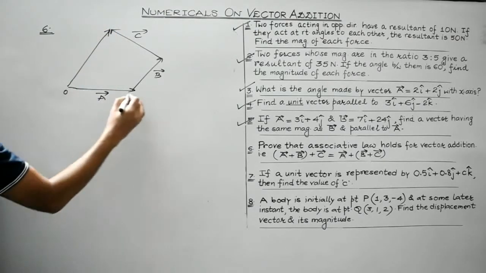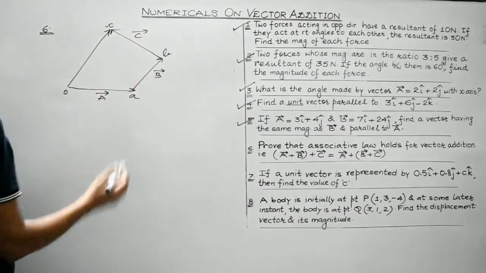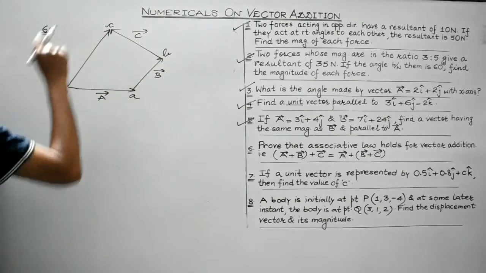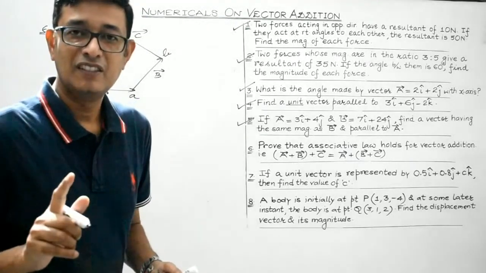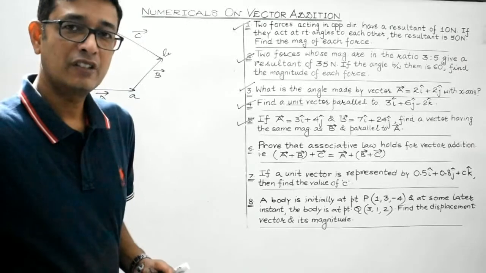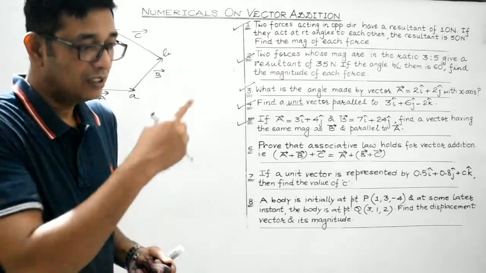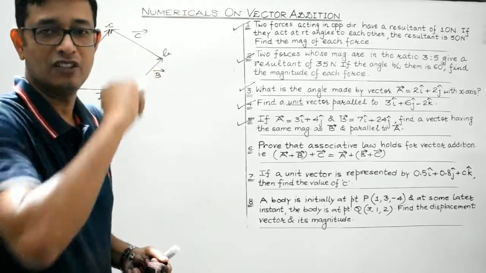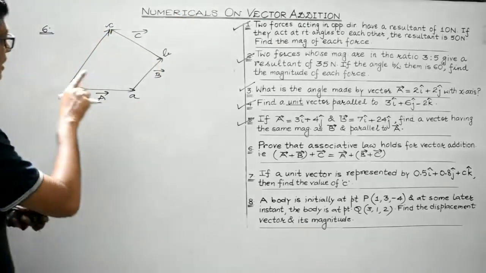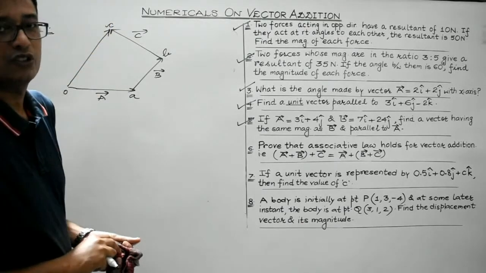Like this is O, this is small a, this is small b, this is small c. This is the resultant. We are aware, as per the polygon law of vector addition, if any number of vectors represent the sides of a polygon all taken in the same order, then the vector resultant is given by the closing side of the polygon taken in the opposite order, isn't it?